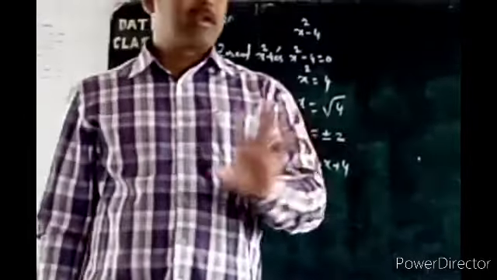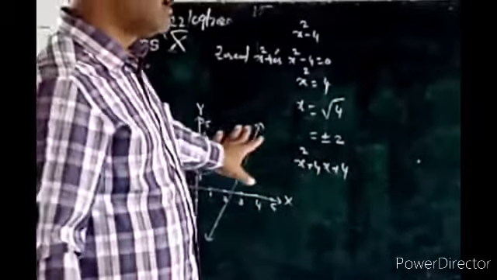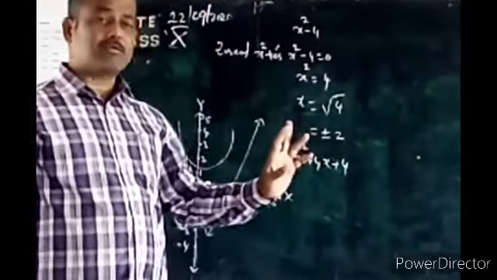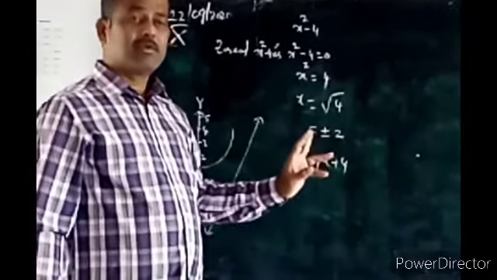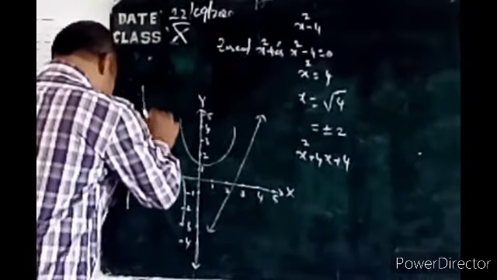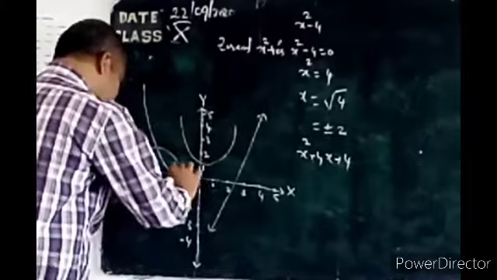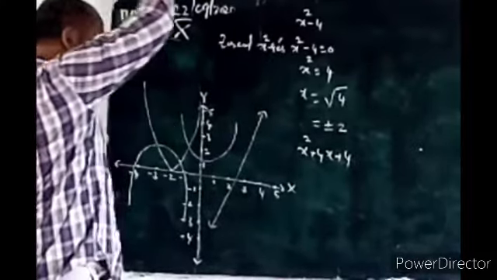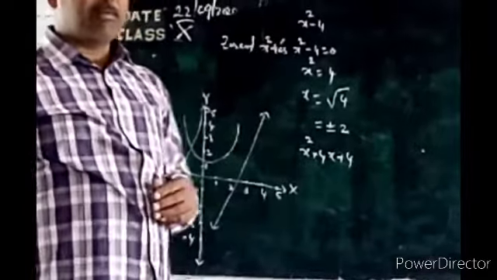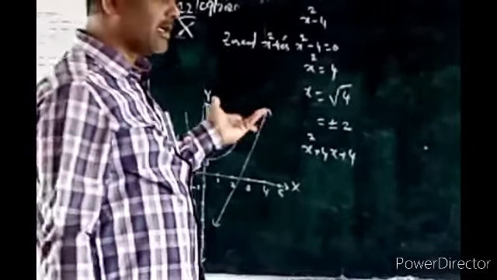In any other case we do not get 0. That means here we get minus 2 only, twice. So the curve will touch the x-axis at minus 2 and again the values will be increasing.